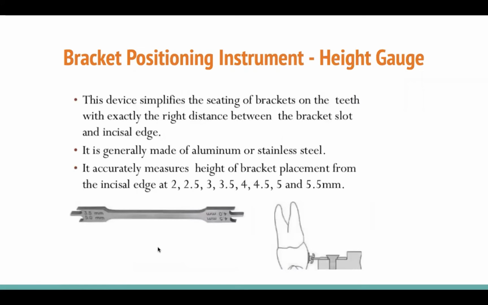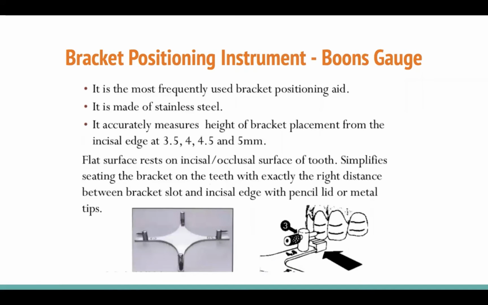Both of them are used for the same purpose, but they are of different types. If you see the star, you can see the sizes are 4 millimeter, 5 millimeter, 3 millimeter, 2 millimeter. So whichever millimeter you want, you take that corner.